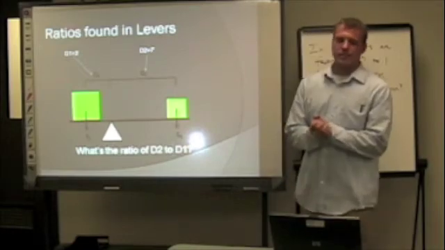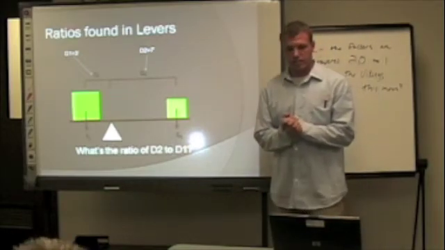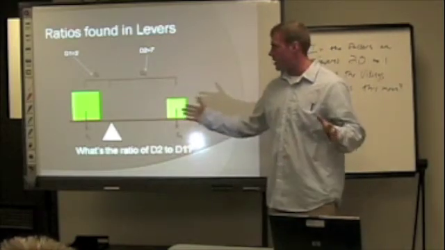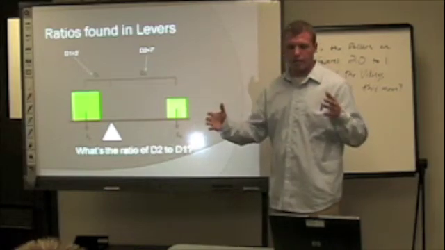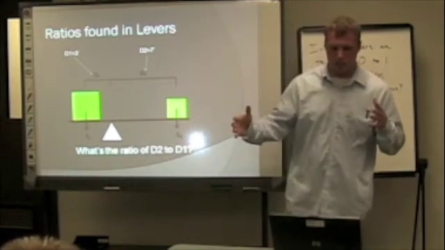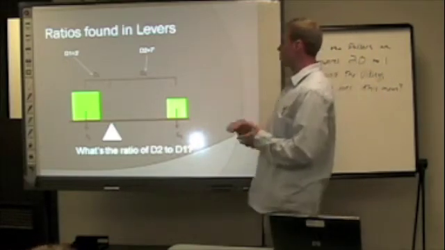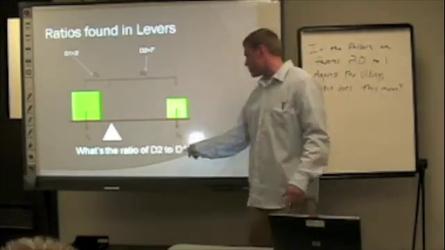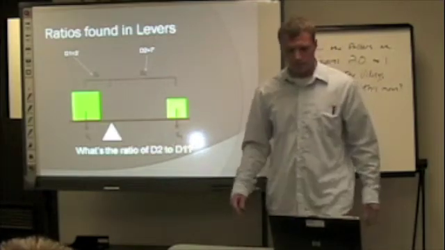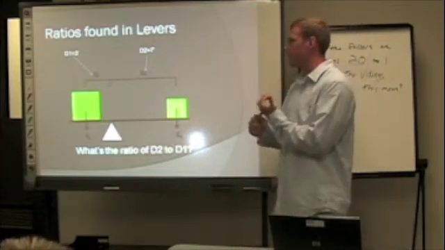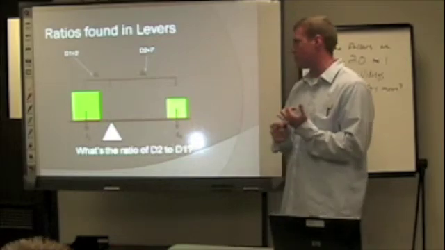All right, the last lesson that we touched on was levers. And I'm not trying to make you guys calculate mechanical advantage with this. I'm just trying to break down ratios as a whole, so you don't have to figure out anything. All I'm asking you is, what's the ratio of D2 to D1? D2 is listed as 7 feet, and D1 is listed as 3 feet.